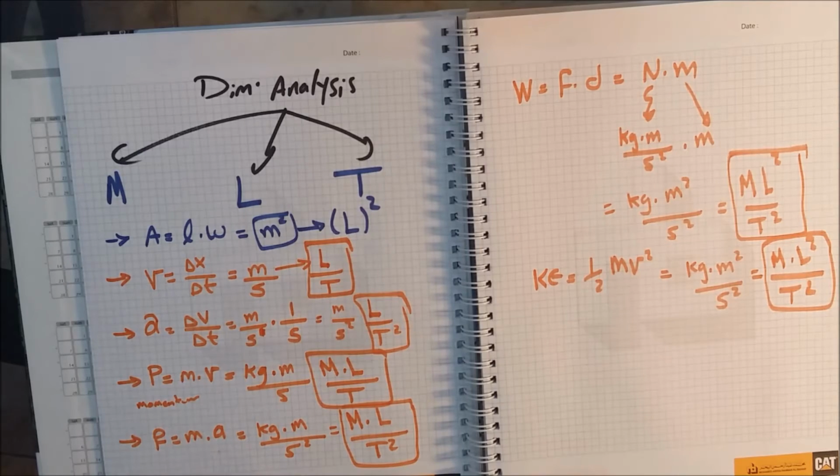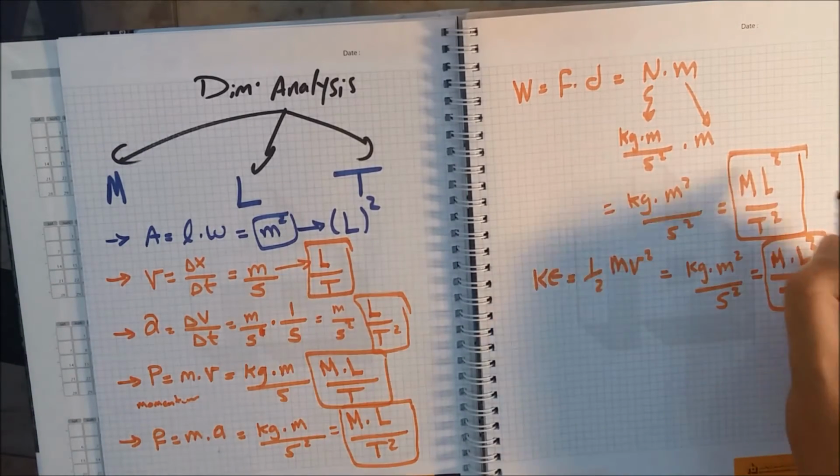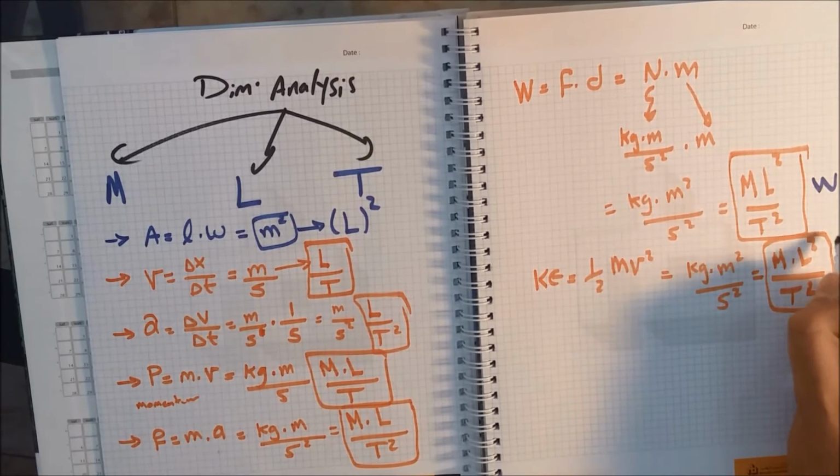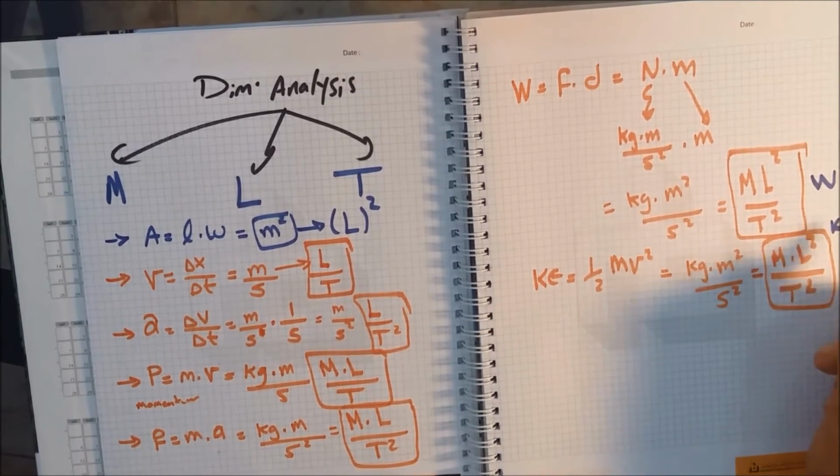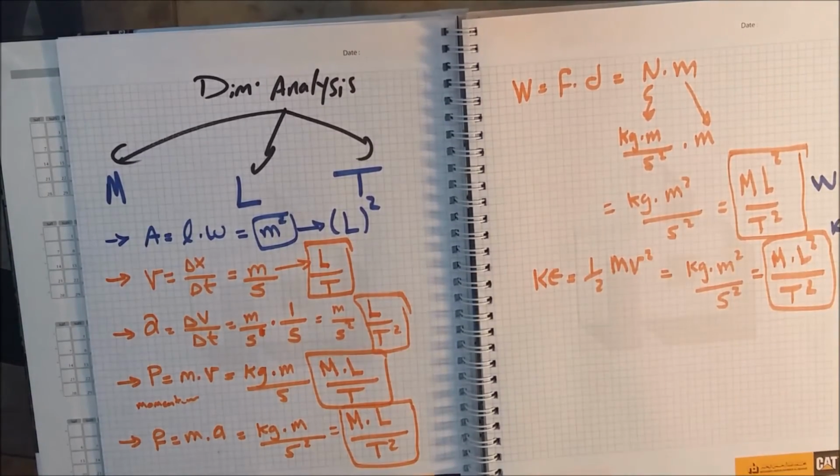Can't you notice something here, which is that the work dimension analysis has the same dimensions of kinetic energy? Isn't it weird? Well, it is not weird if we knew the definitions of work and energy in general, because energy is the ability to do work, so basically they are related.